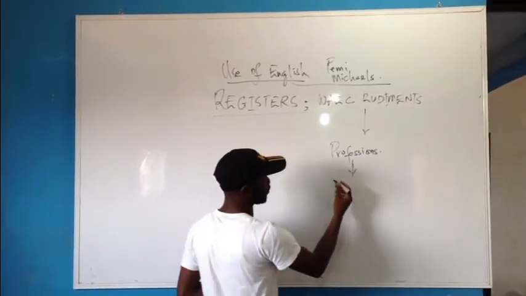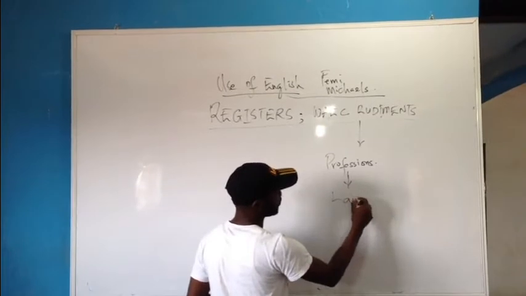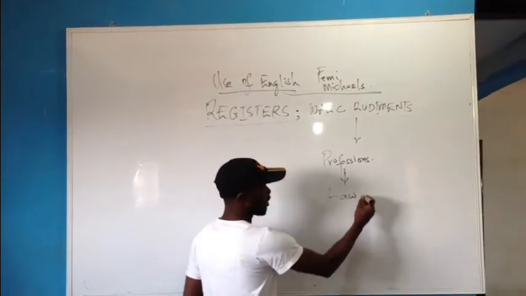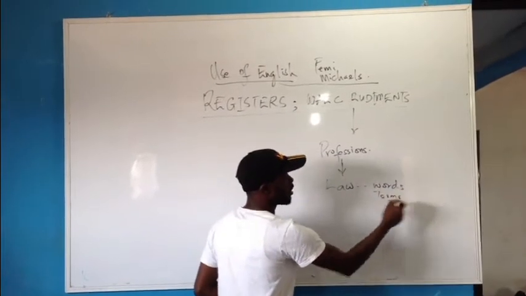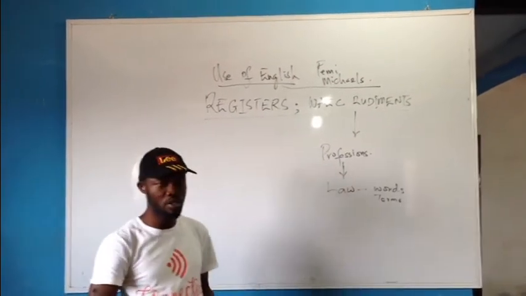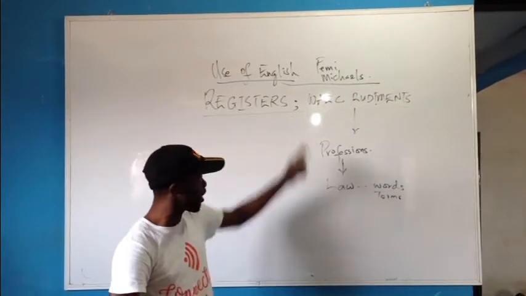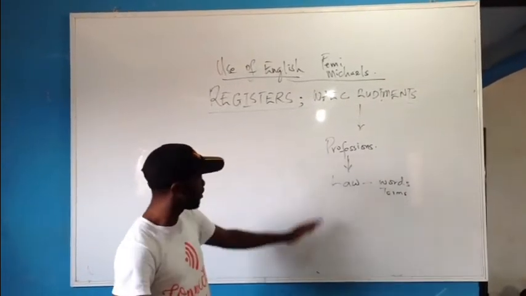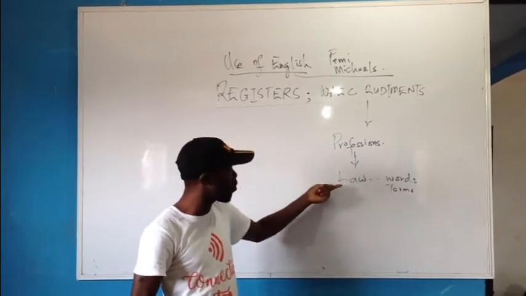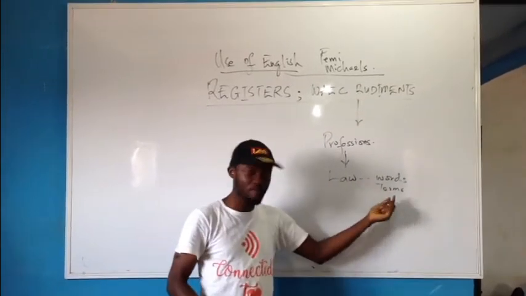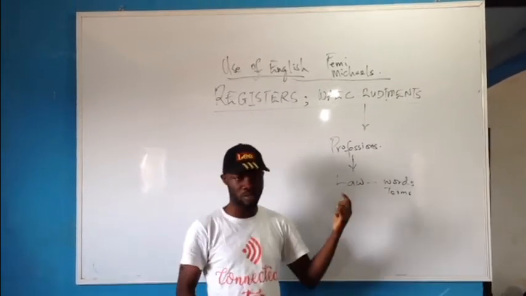For instance, if we're talking about law, which is a profession, there are certain words or terms that are used in this profession. If you look through your WAEC syllabus, you are going to discover that certain professions have been listed, and we're expected to understand different words under those professions.